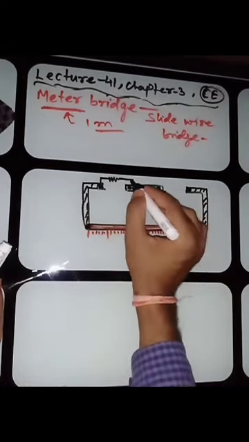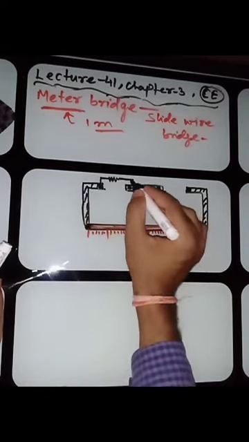This point, where this galvanometer will give you zero current, is called the null point. Okay, N. If this is the length L from A to this null point, then what will be the rest length?